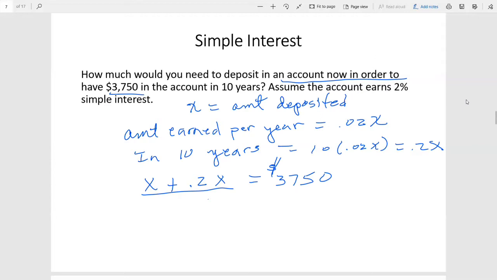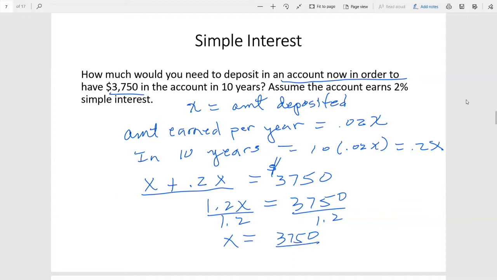So we get 1.2x equals 3,750, and x is going to be 3,750 divided by 1.2 equals 31.25.